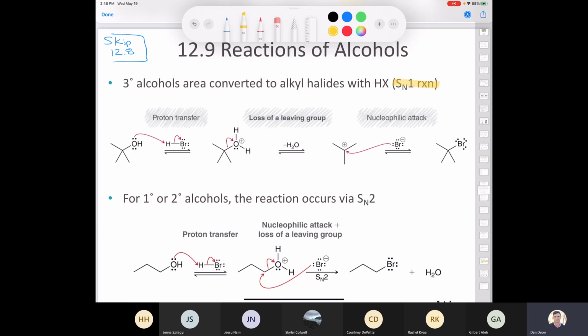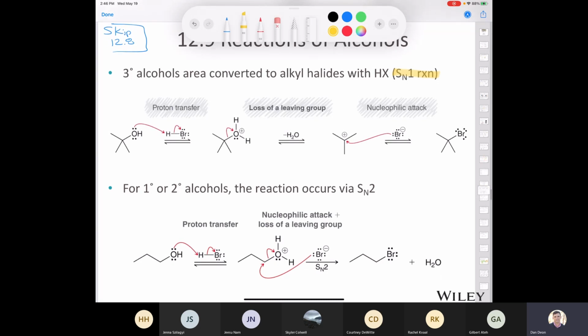Now, what about a primary or secondary alcohol? The reaction doesn't occur via an SN1 mechanism, does it? It's going to occur via an SN2 mechanism if we're using a primary or secondary alcohol. Same type of mechanism, but now we have steps that occur simultaneously, right?